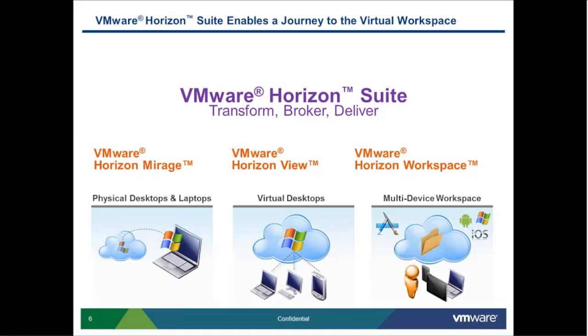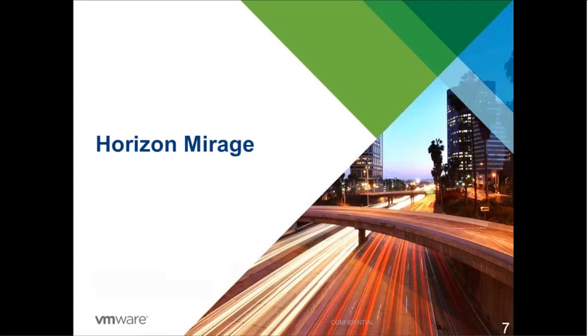Horizon View gives you virtual desktop management, and Horizon Workspace will give you mobile device management. So VMware is there in the EUC portfolio from physical device to mobile device management. Now, we will discuss Horizon Mirage, which is for lifecycle management of the physical desktop. So let's proceed with that.